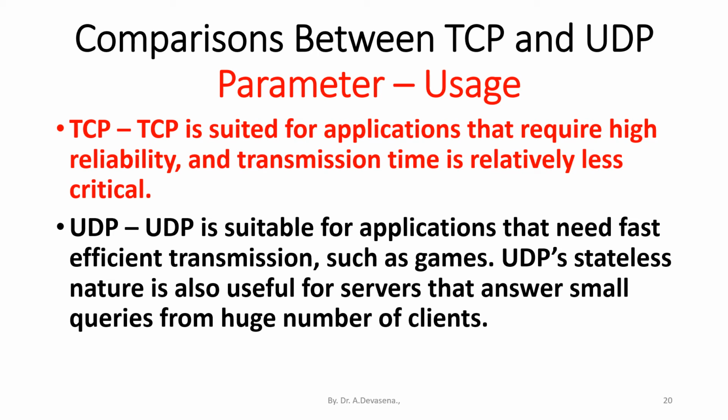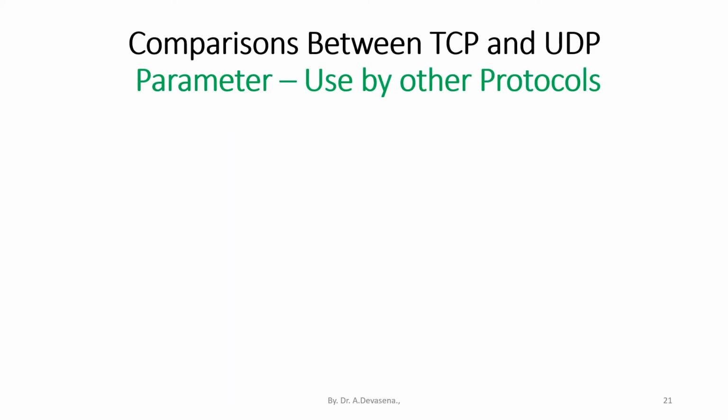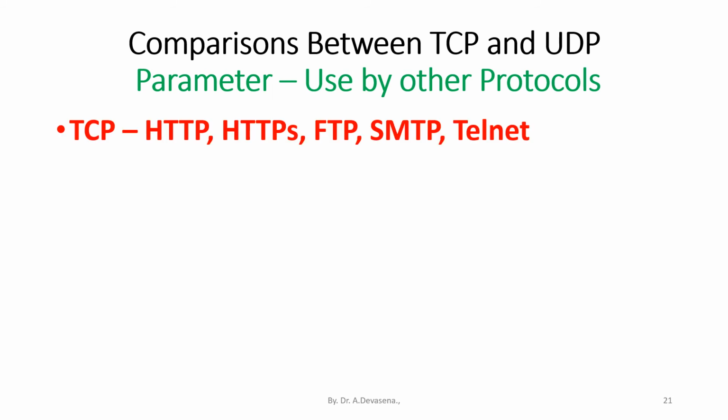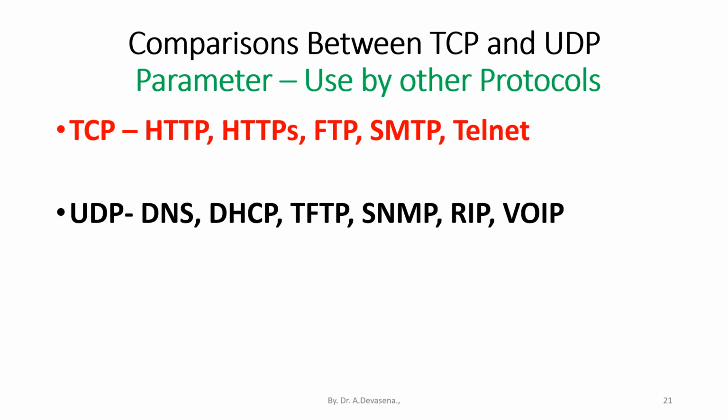UDP is also useful for services that answer small queries from a huge number of clients. Now we are considering the parameter protocols used. In TCP: HTTP, HTTPS, FTP, SMTP, Telnet. In UDP: DNS, DHCP, TFTP, SNMP, RIP, VoIP.